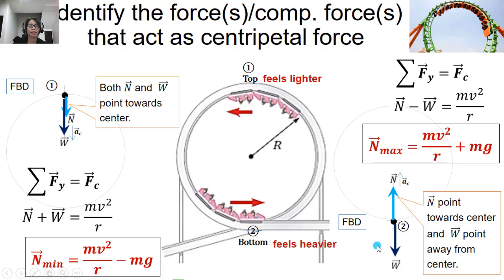Okay? This is how we identify what forces or components of forces act as the centripetal force. Every time I will draw the free body diagram and then I will identify what forces point in the direction towards the center of the circle, and also what force is pointing out, away from the center of the circle.